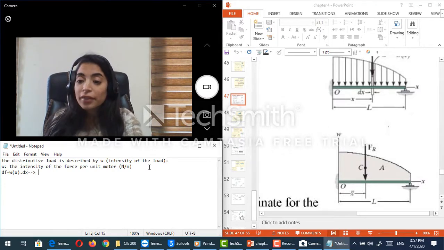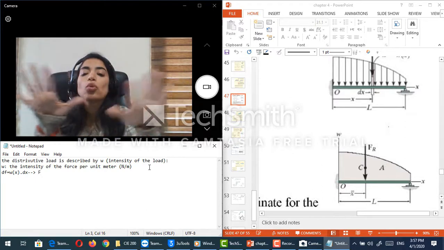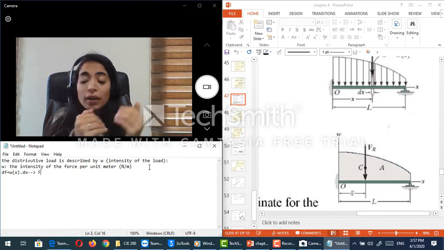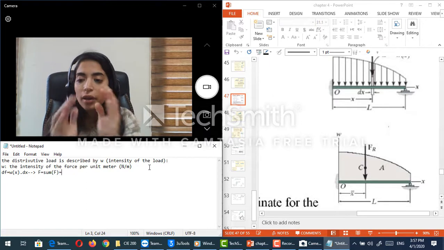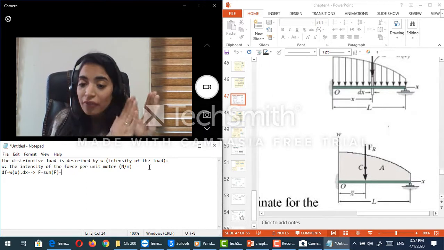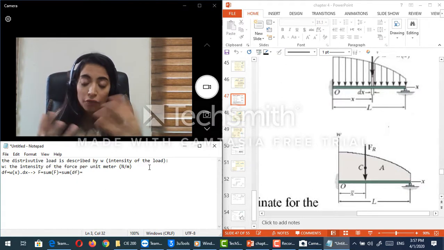And this will give me the force F, which is the equivalent force of all the dF. I know guys that the resultant force should be equal to the sum of all the forces. Now here my forces are dF, which means F is equal to the sum of all my dF. So what does this mean? What is the sum of dF?